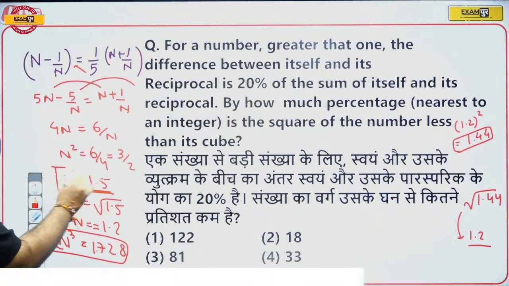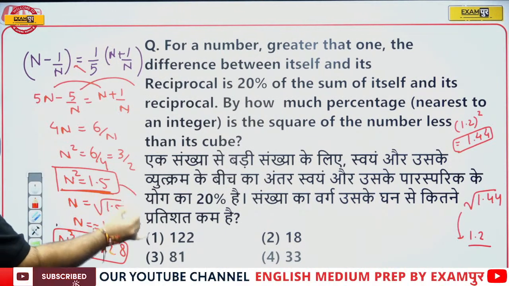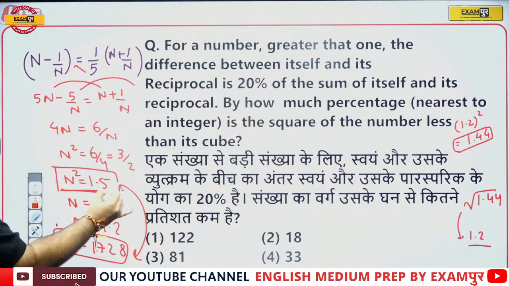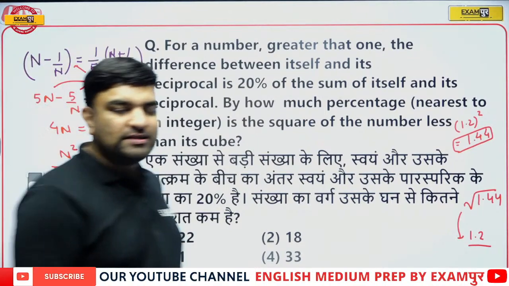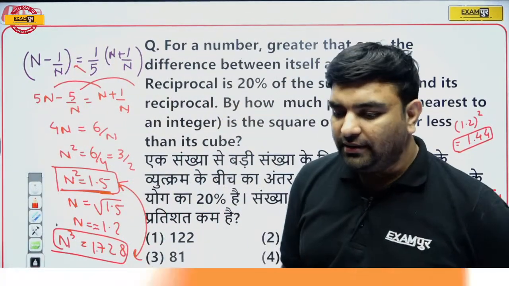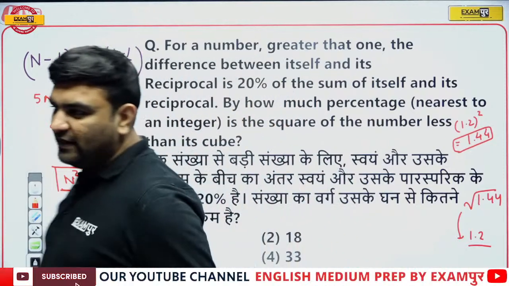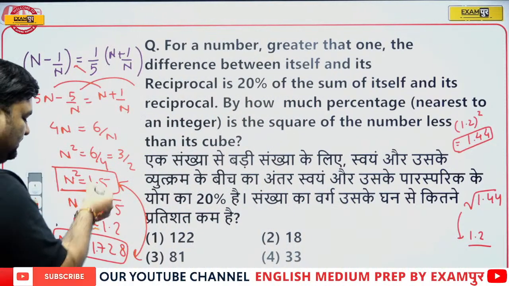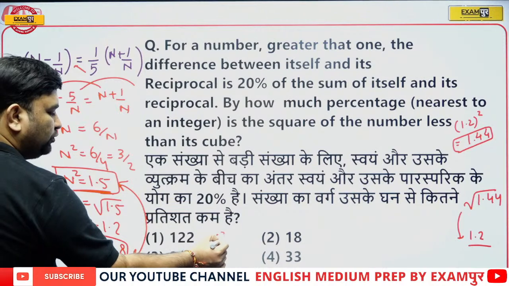n square was 1.5. So approximately how much n cube is greater than n square? You will say, sir, their difference is 0.22, 0.23.